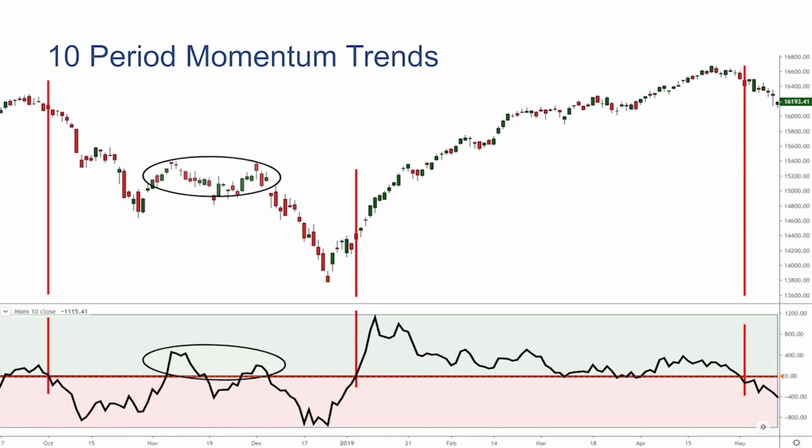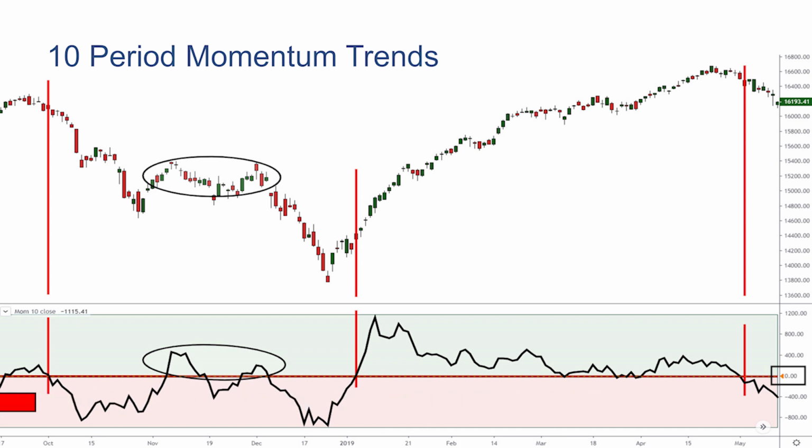Now, notice here what we use with a momentum oscillator is trying to identify those periods where the price has sustained price action, let's say above the zero line versus below the zero line.